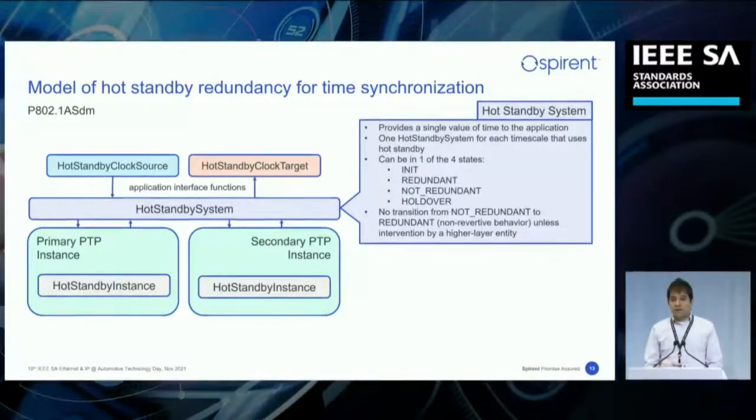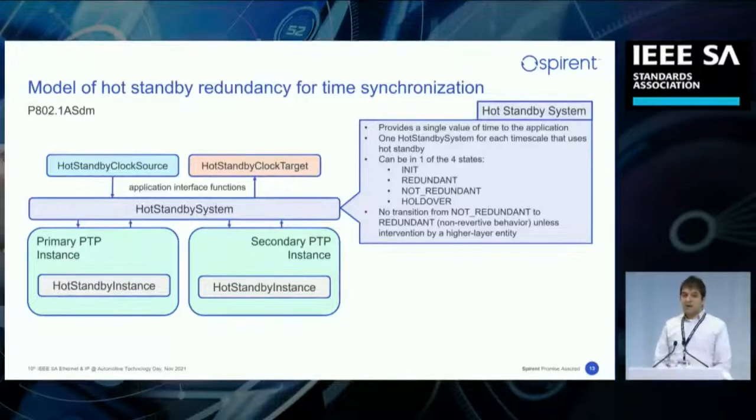There will be one hot standby system for each time scale, and it can be in one of four states. It goes from initialization to redundant, non-redundant, and then holdover. Very important, there is no transition backwards, so there is non-revertive behavior.